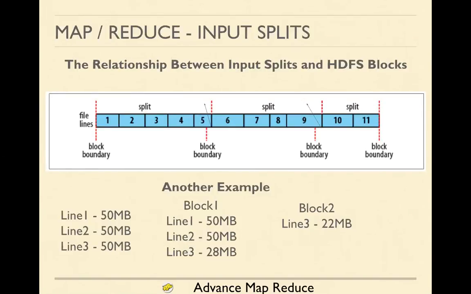A question from Alvin: is there an optimal size of input split and block boundaries? The optimal is that we try as much as possible to create our input split equal to the block size. Imagine that our data is compressed with zip format.